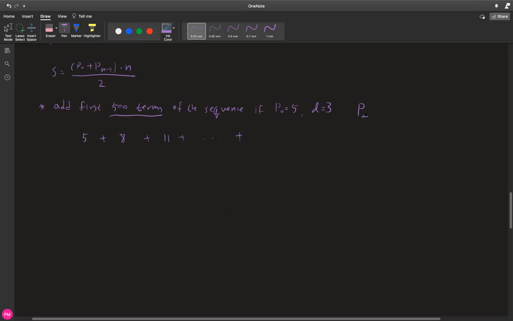The 500th term is actually P499. This is important because this starts from P0 instead of P1. If this started from P1, this would have been 500, but because the initial population starts from P0, it's simply 499, and there will be 500 terms.